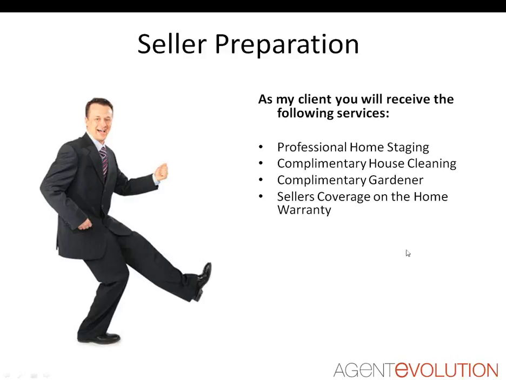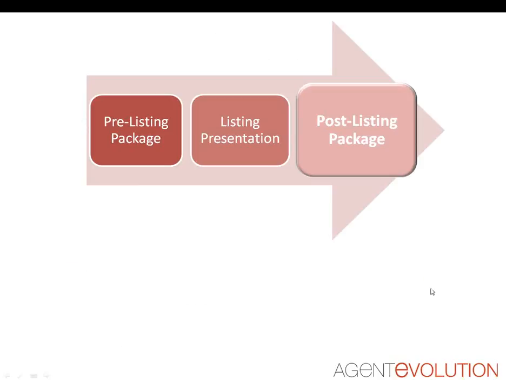And your post-listing package could be something that you have ready on the spot once they sign that listing agreement, but it also might be better suited for perhaps a couple days later once they've agreed on the terms. So what should that post-listing package include? Let's take a look at the components here.